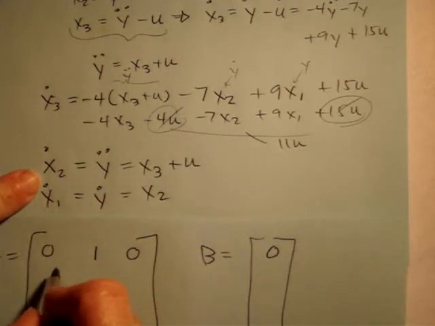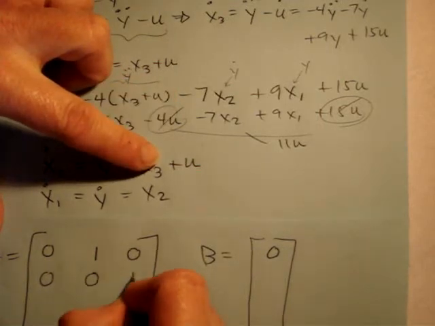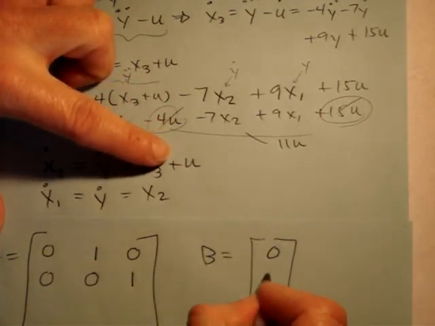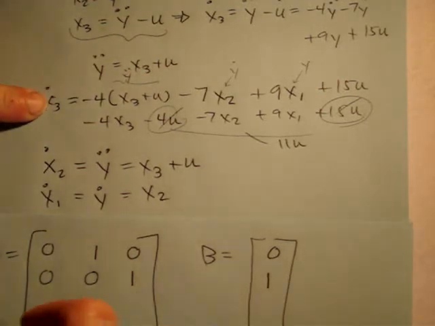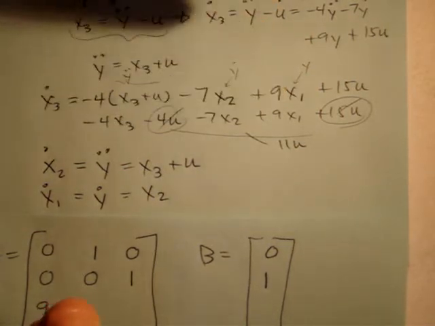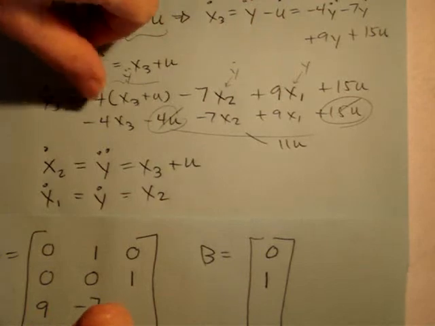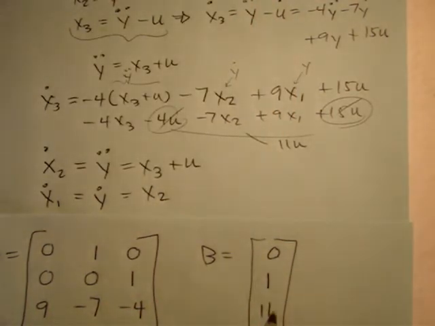Second equation for x2 dot: nothing for x1, nothing for x2, a 1 for x3, and a 1 for u. And then our x3 dot equation: coefficient of x1 is 9, x2 is negative 7, x3 is negative 4, and u is 11.